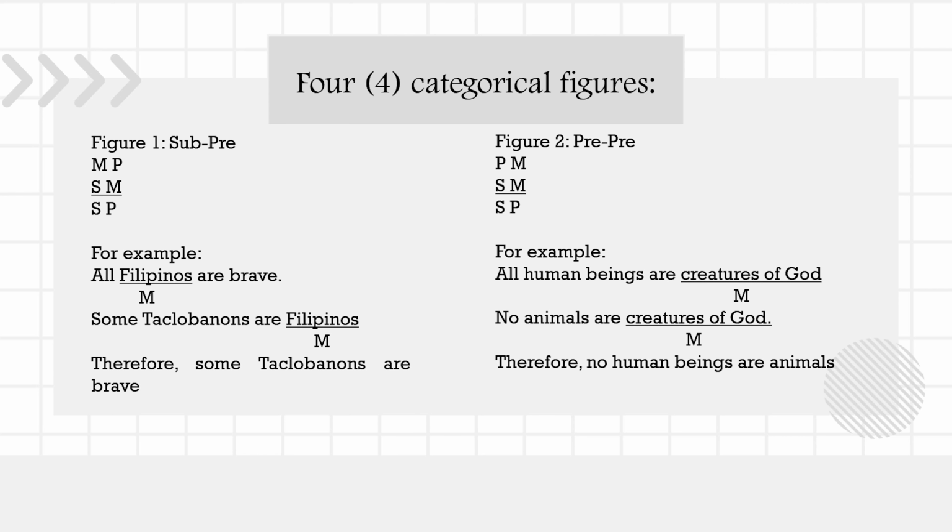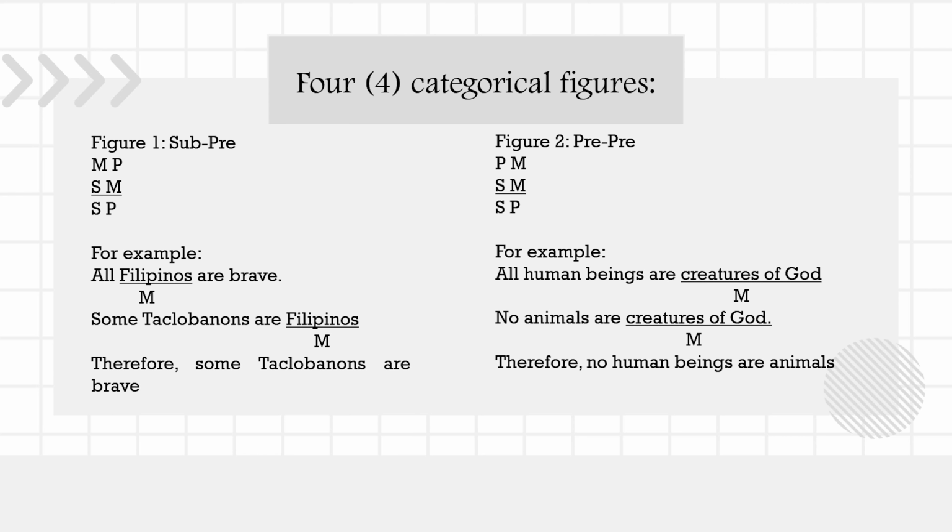Figure 2 depicts a syllogism structure known as pre-pre, where the middle term connects the two premises and leads to a conclusion. In the given example, it is stated that all human beings are creatures of God and no animals are creatures of God. This syllogism follows the rules of categorical logic and results in the conclusion that no human beings are animals.